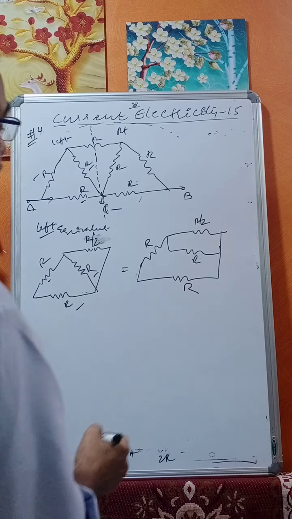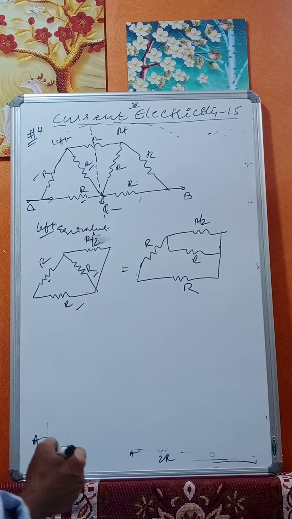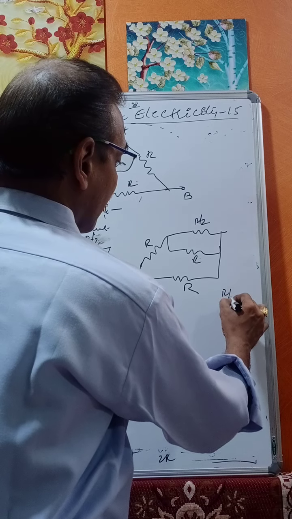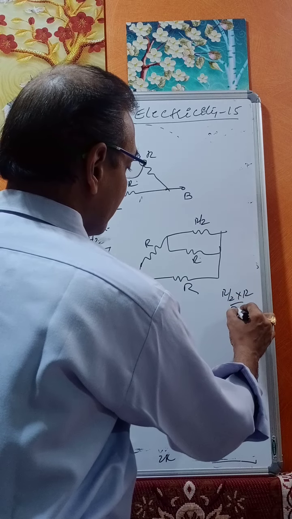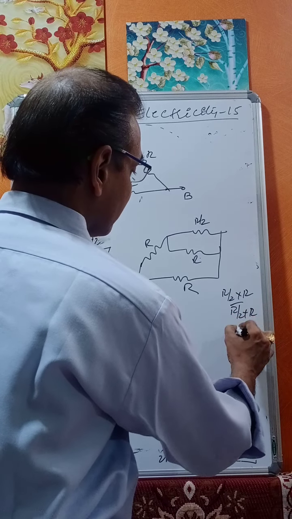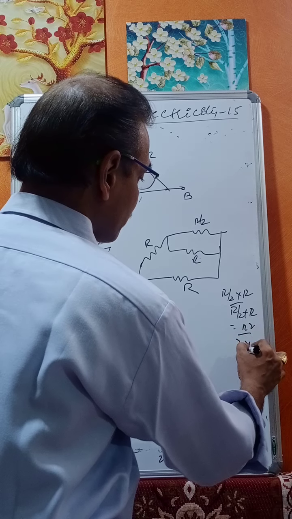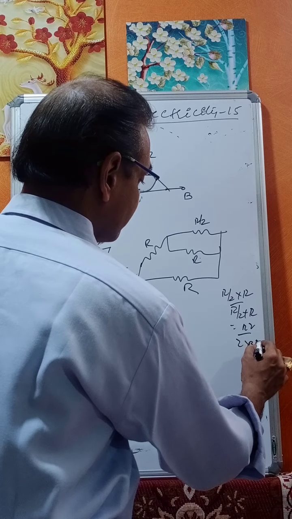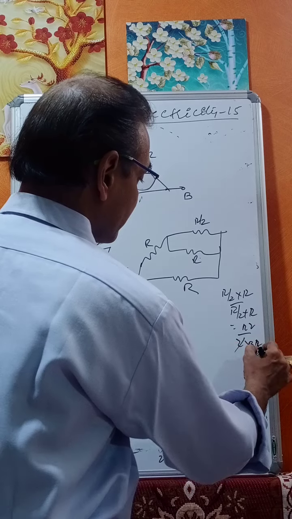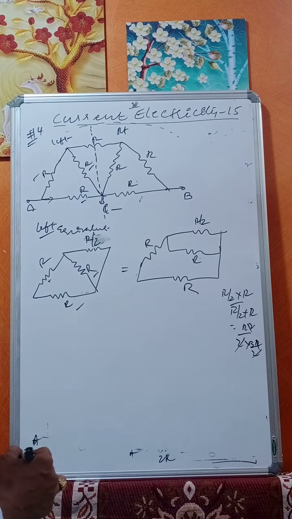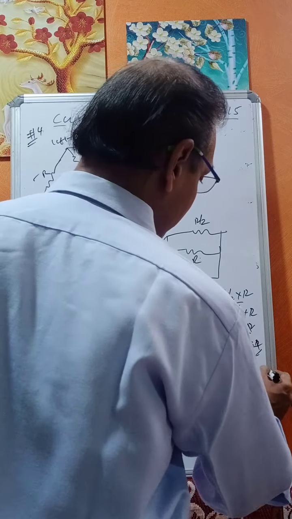Now R by 2 in parallel with R by 2 in parallel with R is R by 2 into R by 2 plus R. That is equal to R square by 2 into 3R by 2. This becomes R by 3.